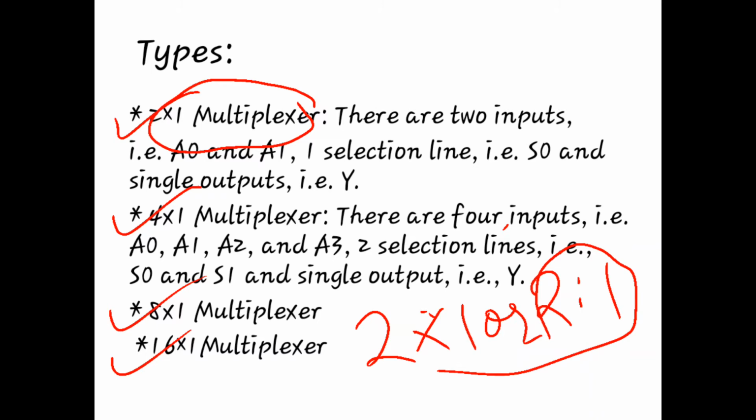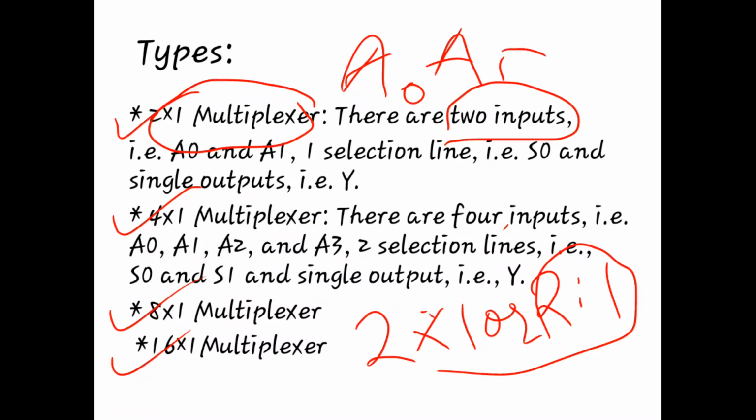So 2x1 or 2:1 means here we are having two inputs. Let us say they are represented as A0 and the second input A1. So the total inputs are 2.